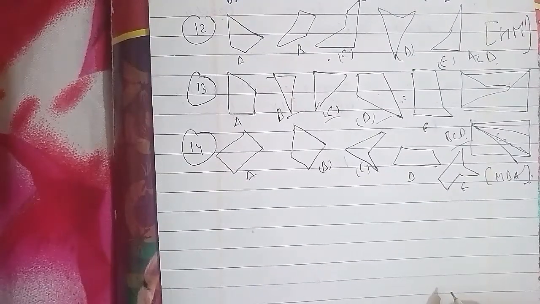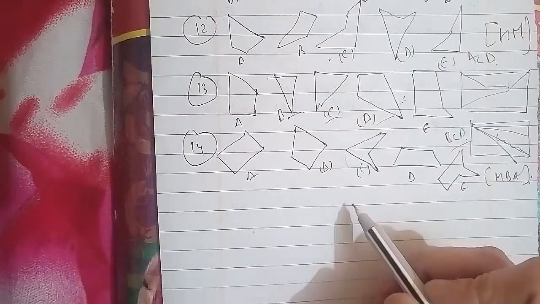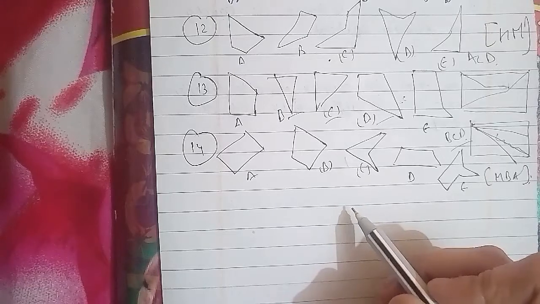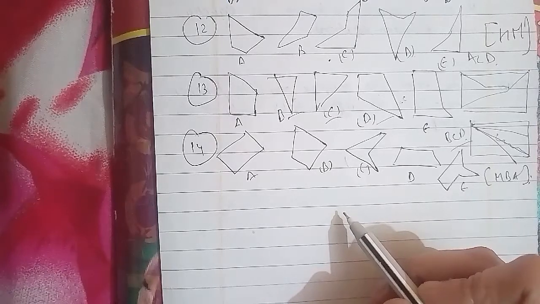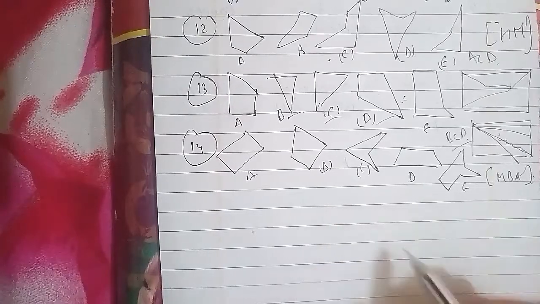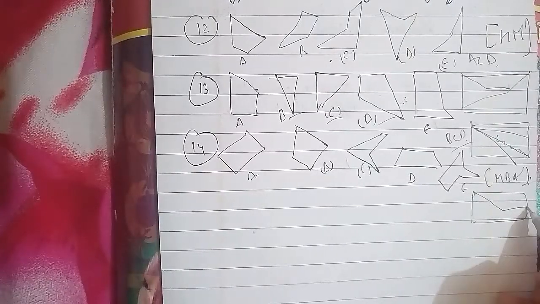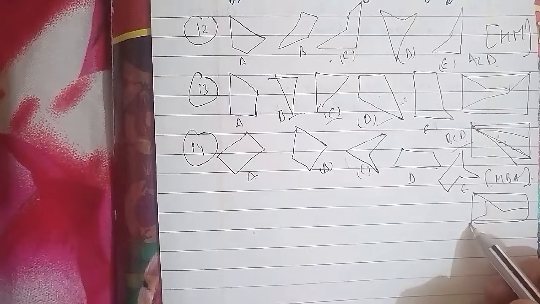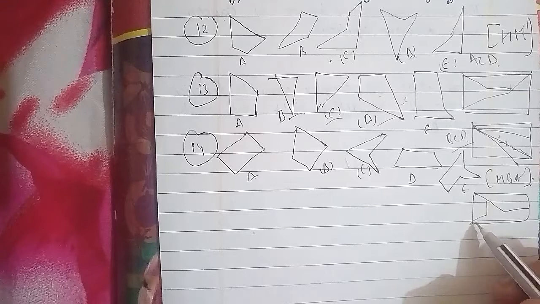We have the options ABC, BCE, BDE, and ADE. So let's go ahead for the same, and the figure is like this. Here we have the combination B, D, E, and B, D, E will be the right answer for this question as well.